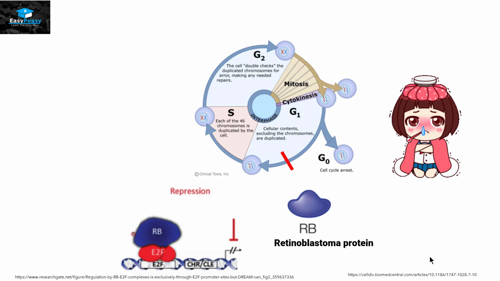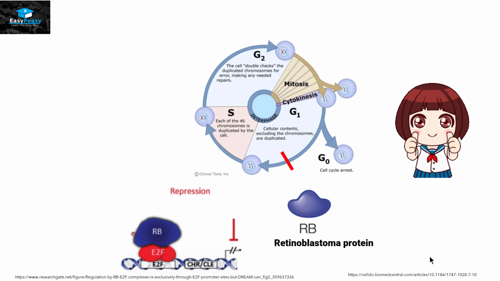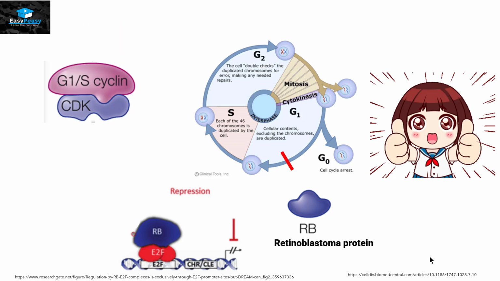For example, the cell has repaired itself and is now ready to go to the next step. At this point, a cyclin protein, the G1/S cyclin protein, gets generated, and it attaches itself to the CDK enzyme again like this.